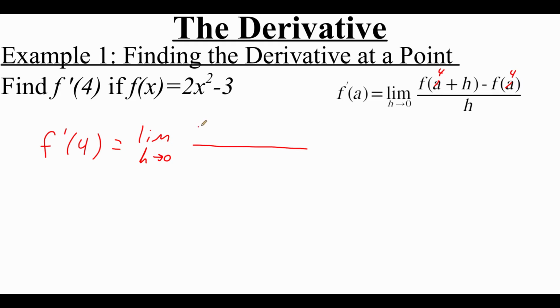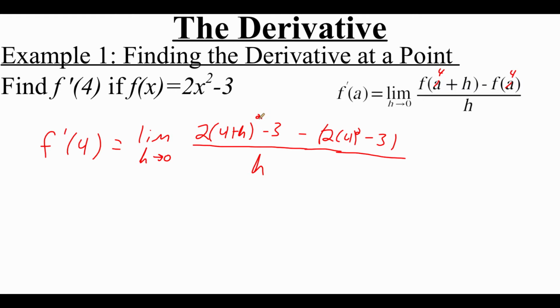So this first piece is going to say 2 times (4 plus h) squared minus 3. But then we're supposed to subtract off f of 4, meaning that we're going to get rid of the x in our function and just replace it with a 4. So that's going to be 2 times 4 squared minus 3. And then this is all over h.